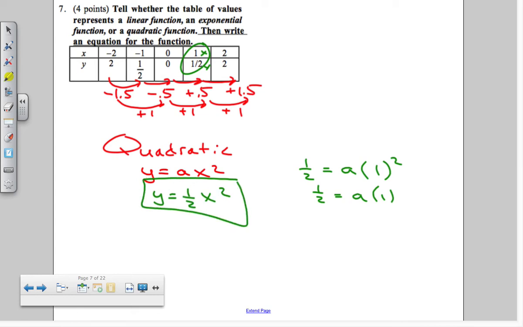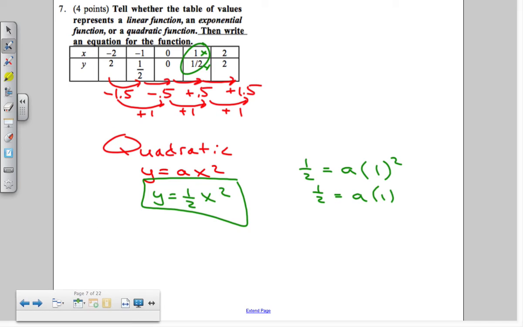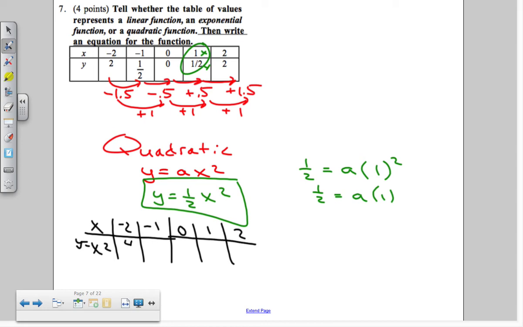Basically, if you have the value for 1 in the table, that value is going to be the a. You could also have likened it or compared it to the parent function, which is just x squared. Remember, that one looks like this: 4, 1, 0, 1, 4.